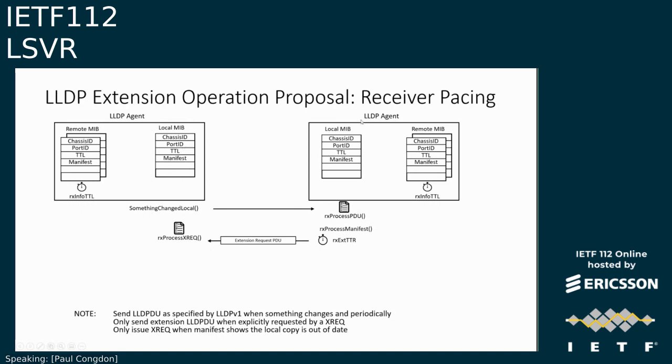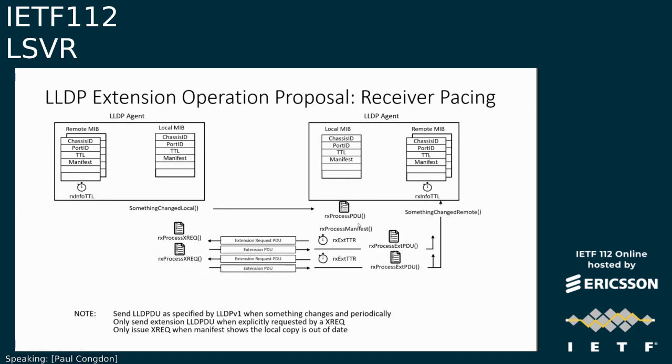The receiving agent then sends back an extension request frame saying, I want the rest of your data, specifying exactly what data he wants. Then the sender will send an extension PDU, which looks like an LLDP frame but has a special format. The receiver will collect that information until he gets it all. As soon as he gets it all, he updates the local MIB.